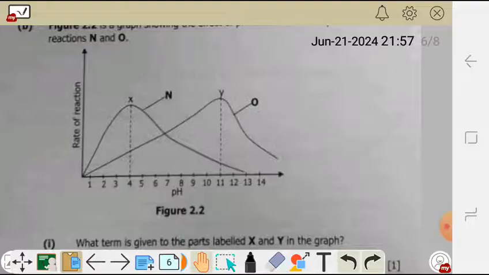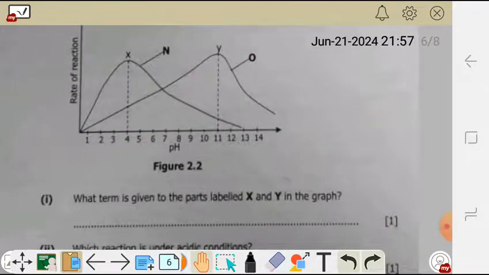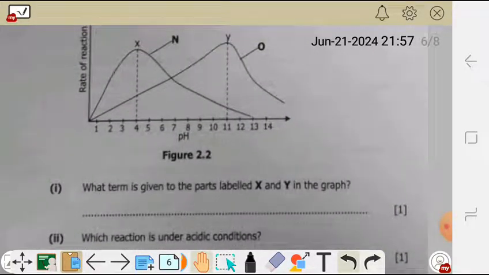Then from the figure, there are questions which follow. The first one is asking what term is given to the parts labeled X and Y in the graph.